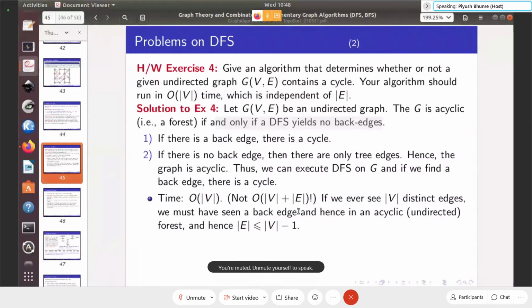Finding a back edge will take big O of mod V time, where mod V is the size of V, the number of vertices. So in linear time we can find out if there is any cycle in the graph. That's why this algorithm runs in linear time.